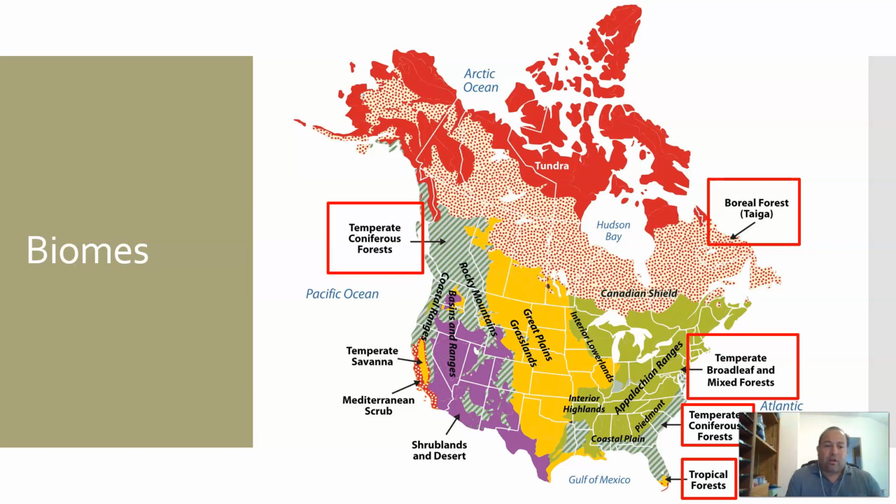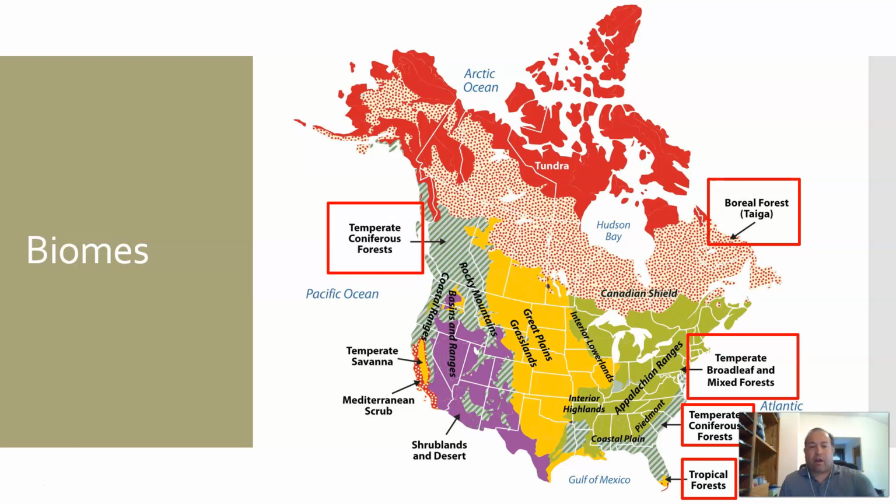Now when we start talking about forests, we're going into a lower level of classification because we're only talking about part of the world. And so now we're going to break it up into a few more categories.